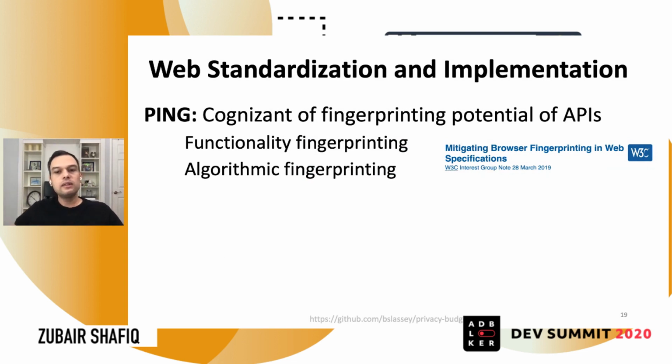And then our research also points out that these fingerprinters are exploiting the variety of different web APIs for fingerprinting. And there is right now a palpable tension between the desire to actually implement and roll out new APIs to support cool new functionality and their potential privacy implications with respect to fingerprinting.